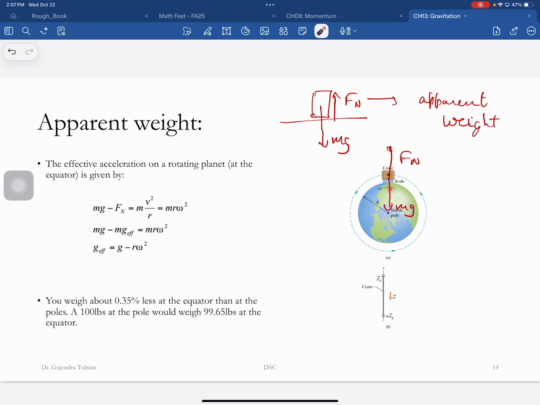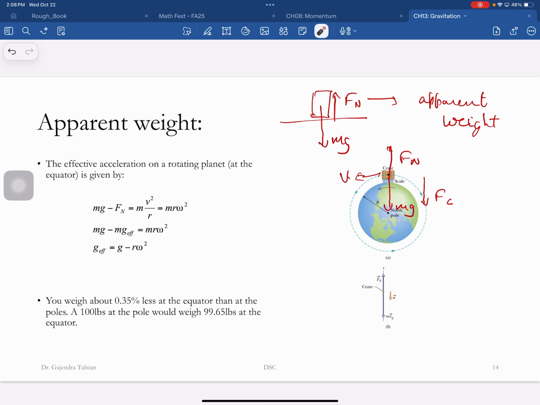Now let's make the Earth spin. When the Earth is spinning, you're going in a circular path, uniform circular motion. So v is your speed. Then what is it that you need? You need a centripetal force. Where is the centripetal force coming from? There are only two forces acting on you, the force of gravity and this normal force.